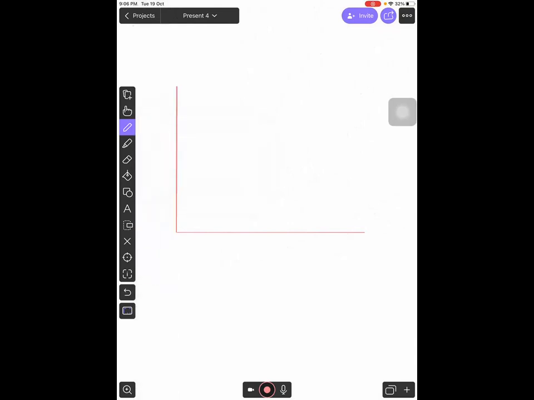For example, the graph is going to move like this. Okay, so everyone, you need to see this graph. What is the graph telling us?